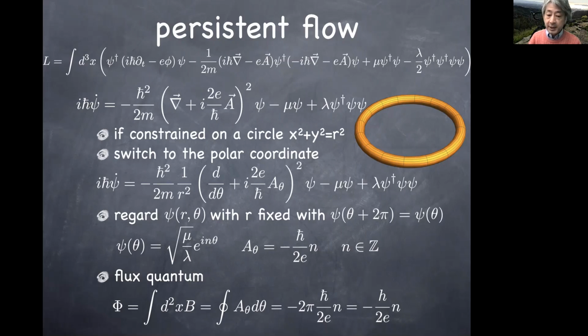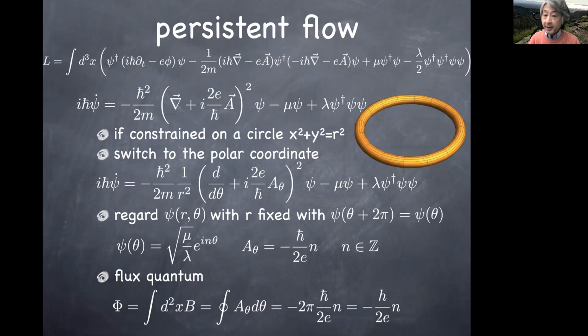So that's how you see this equality, namely that area integral of the magnetic field, which is nothing but the magnetic flux, is given by the line integral of the vector potential along this perimeter of this tube. But one thing we learned is that this A theta, the vector potential in this azimuthal direction, is now quantized in the unit of h/2e. So you just plug that in here.